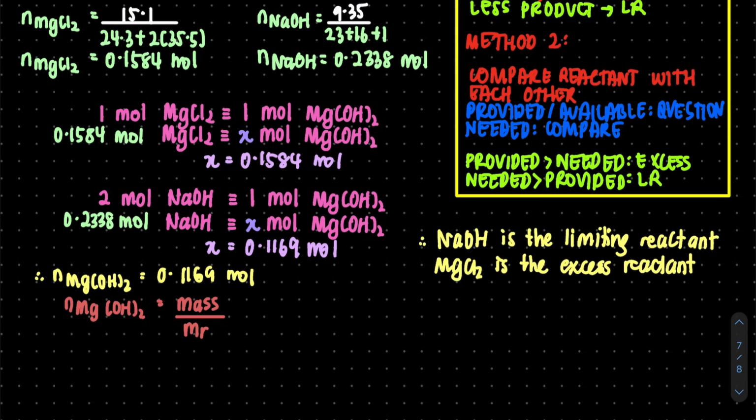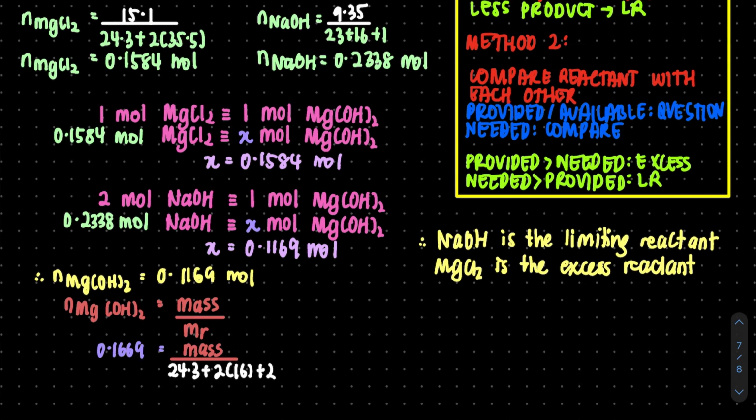The number of mole is 0.1169, mass is our unknown, and the molar mass of Mg(OH)2: magnesium is 24.3, which we found earlier above. Oxygen is 16, but we have 2 here, and the same goes for hydrogen. So we know that the mass of our magnesium hydroxide is 6.82 gram. So that is the solution for question 1D.